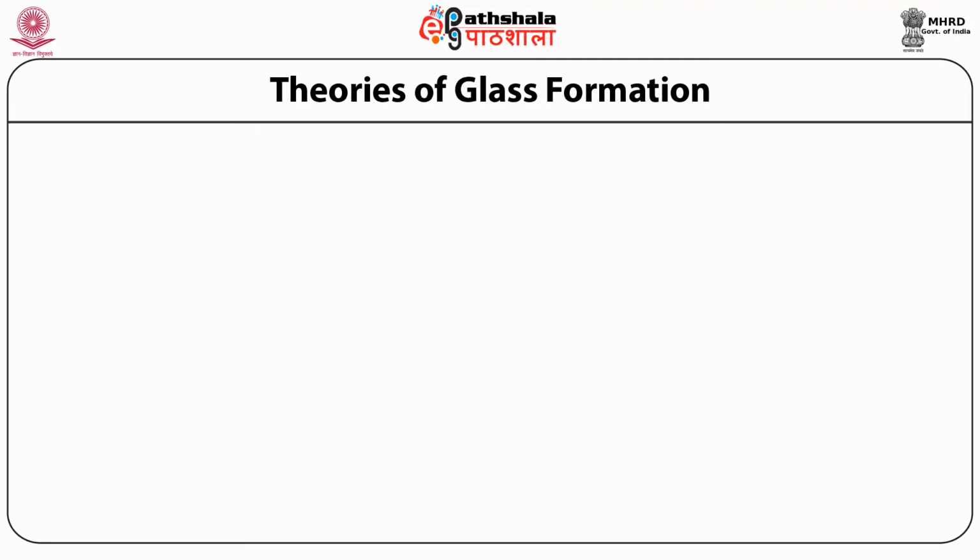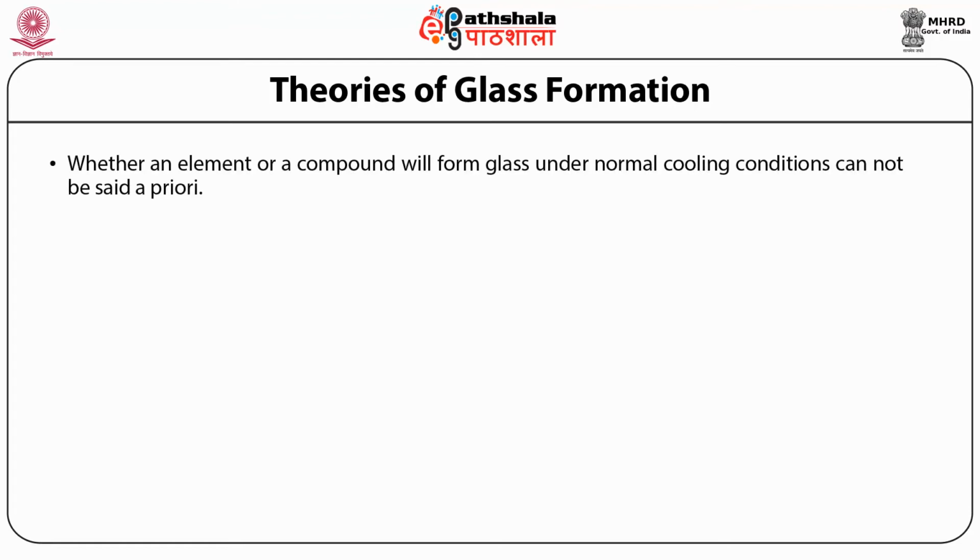Theories of glass formation. In this slide, we'll discuss the cooling rate versus glass formation. When we talk about glass formation, whether an element or a compound will form glass under normal cooling conditions cannot be said a priori.